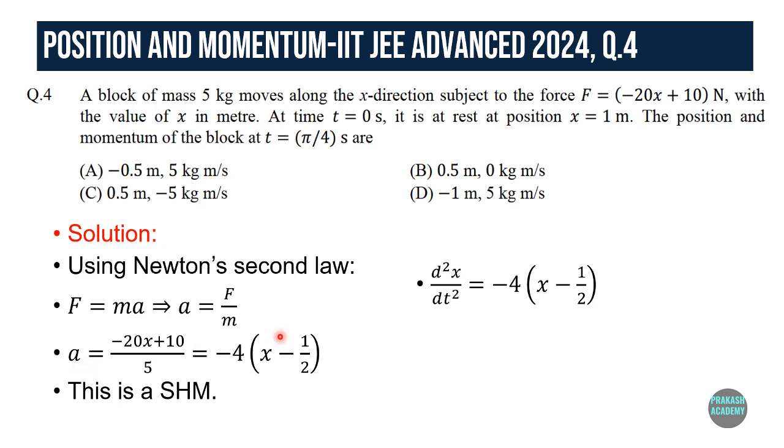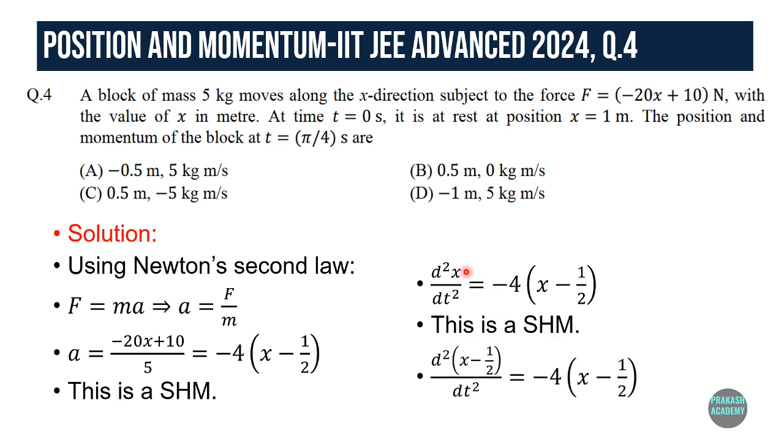So acceleration can be written as d2x by dt square, and this equals minus omega square x, but in this case x is x minus 1 by 2. So it is the shifted origin case. This confirms that this is a simple harmonic motion, SHM.